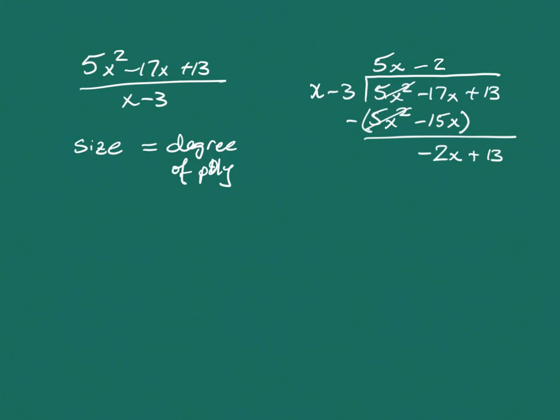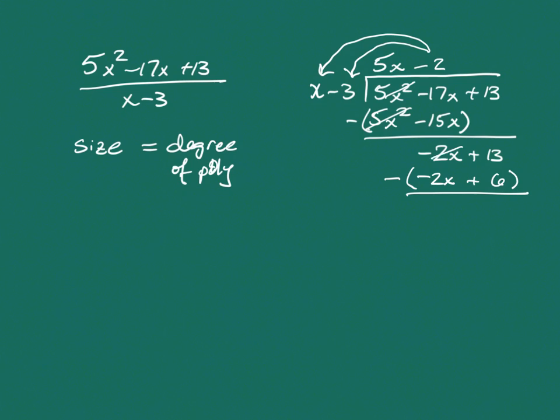I multiply the negative 2 by the x, and the negative 2 by the negative 3. That gives me a negative 2x, and negative 2 times negative 3 gives me a positive 6. Then I subtract those two polynomials.